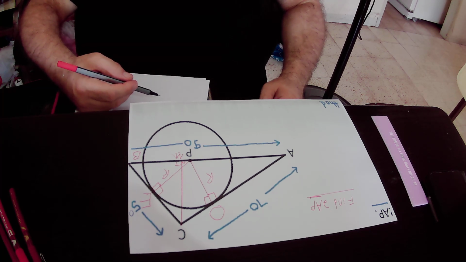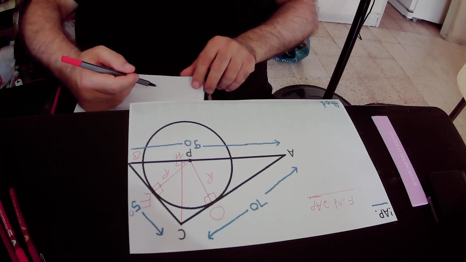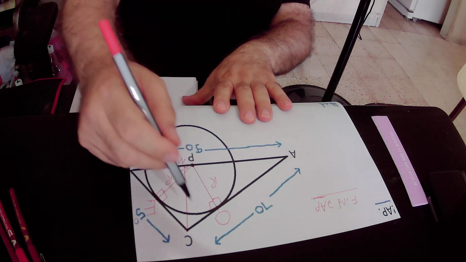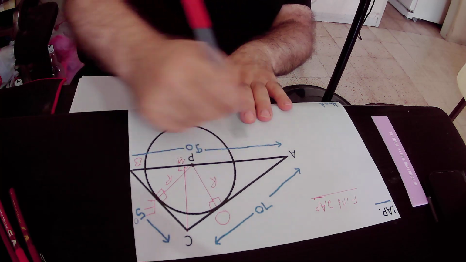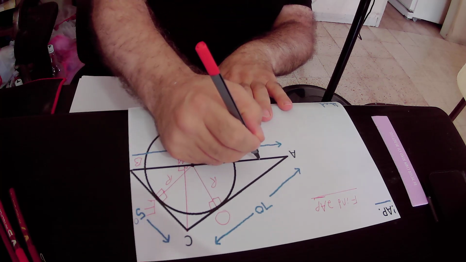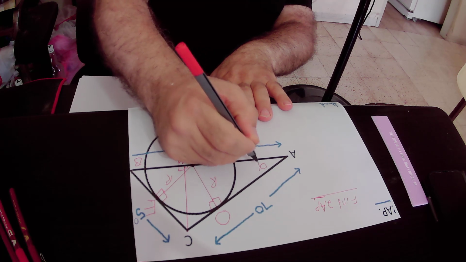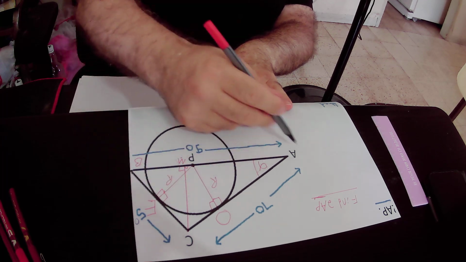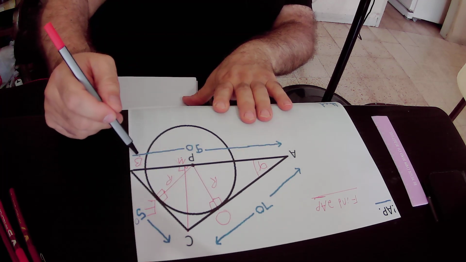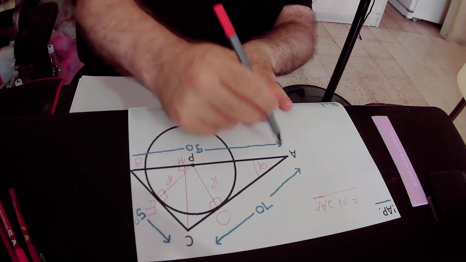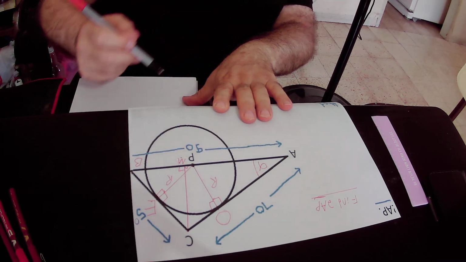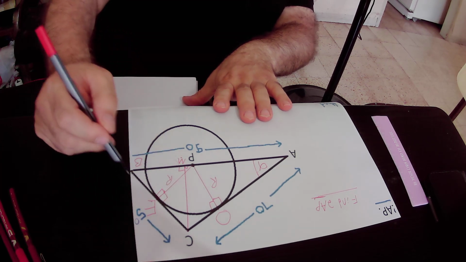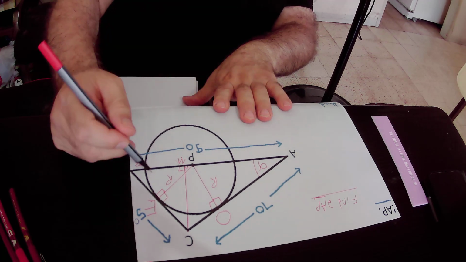Okay, so now we will define angle CAB or CAP as alpha. So angle CAB or BAC or PAC equals alpha, and also we will define angle CBA as beta.